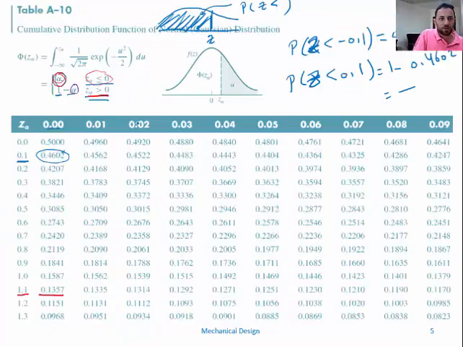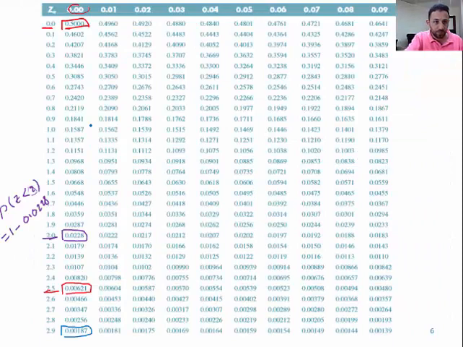Because Z is negative, return back to the table. Because Z is negative, we can directly take the value from the table as it is. Let me write it down, 0.2607. On the table we have 0.26 and 0.27. In order to determine it accurately, it's important to copy those two.